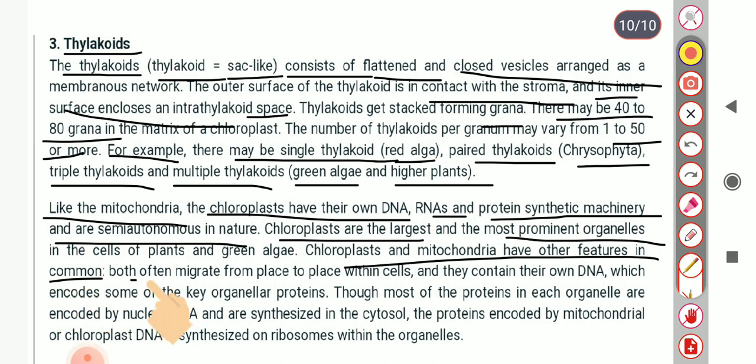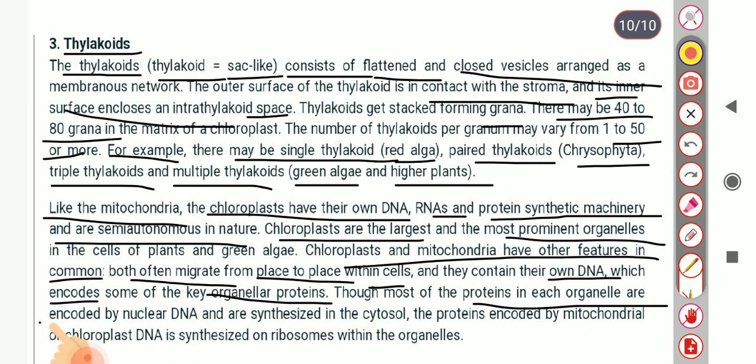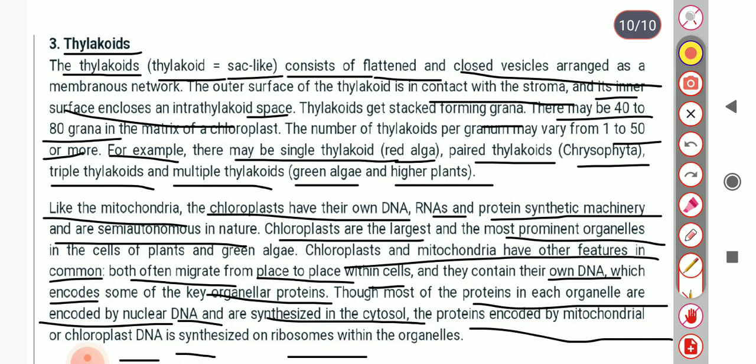Both migrate from place to place within the cell, and they contain their own DNA which encodes some key organelle proteins. Most of the proteins of each organelle are encoded by nuclear DNA and synthesized in the cytosol. Proteins encoded by the mitochondrial and chloroplast DNA are synthesized on ribosomes within the organelles.